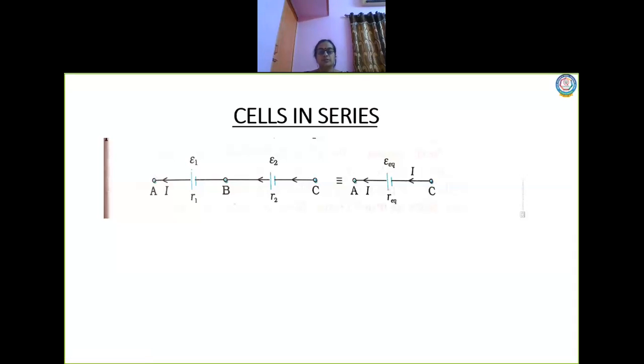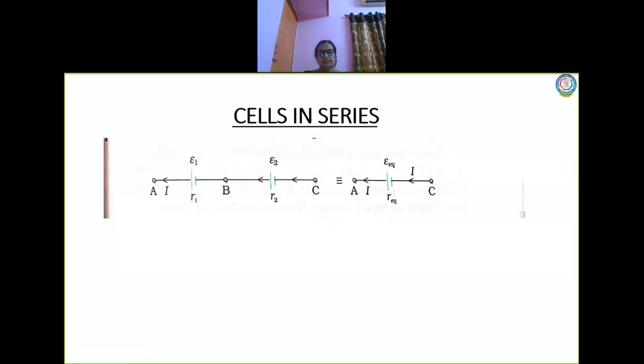I want you to refer to your textbook, children. The first paragraph: consider first two cells in series where one terminal of the two cells is joined together, leaving the other terminal in either cell free. So this is what I was telling. Here the negative terminal is connected to the positive terminal of the second cell, and the negative terminal of the second cell and the positive terminal of the first cell are left free.